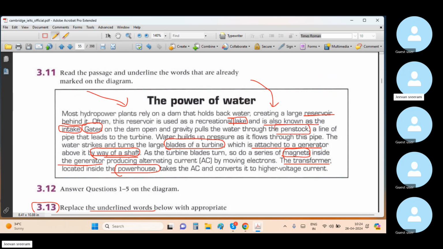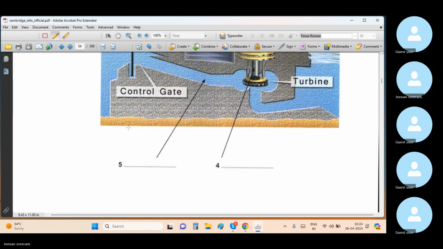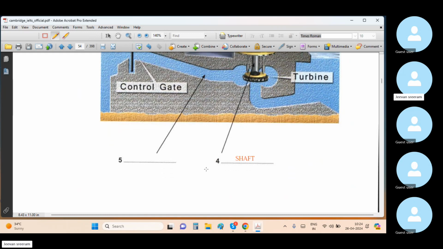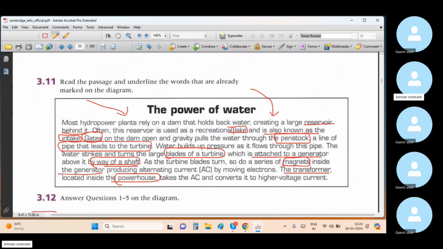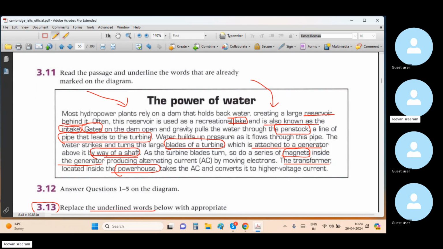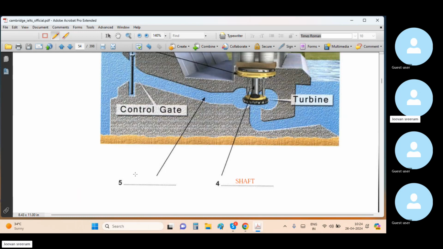That's actually a penstock, a kind of pipe, a line of pipe that leads to the turbine. Right, control gates open the water. Control gates open and pull the water through the penstock. Penstock is a kind of pipe or something, right?